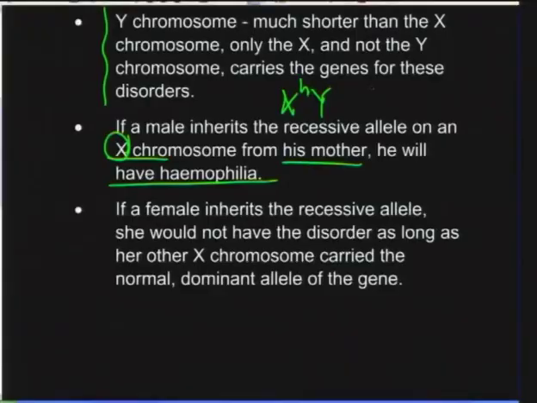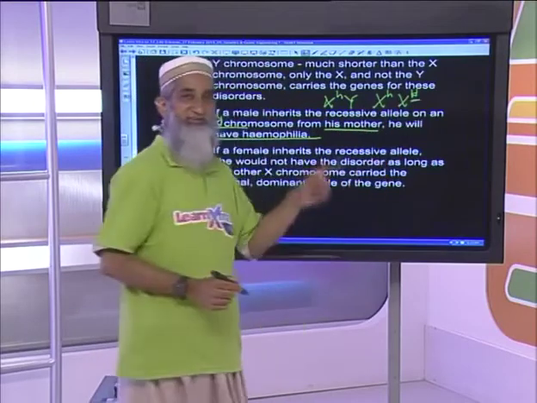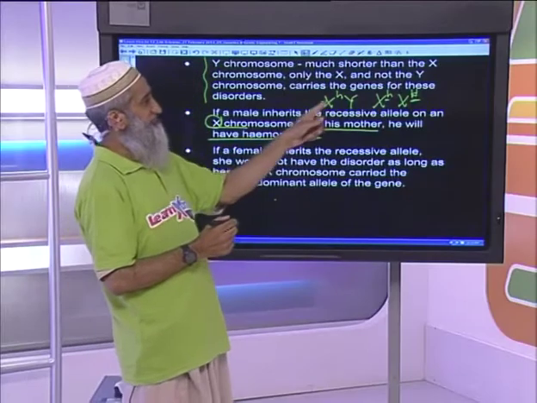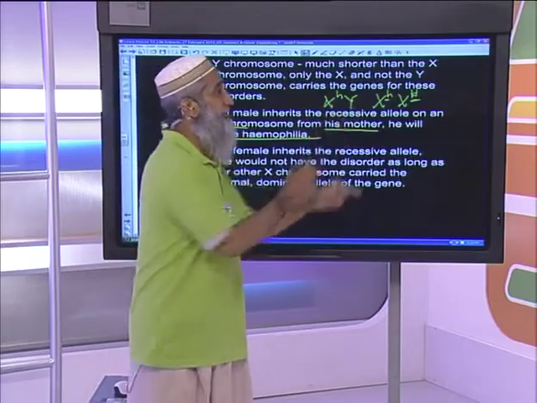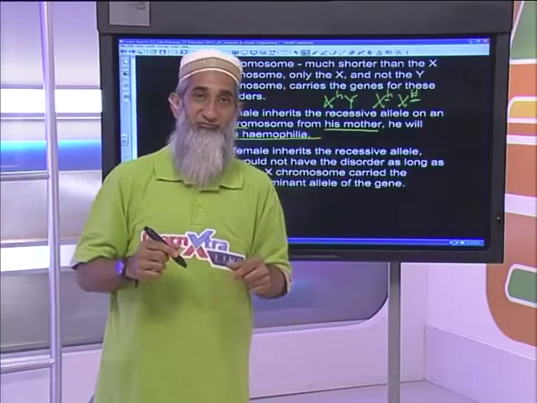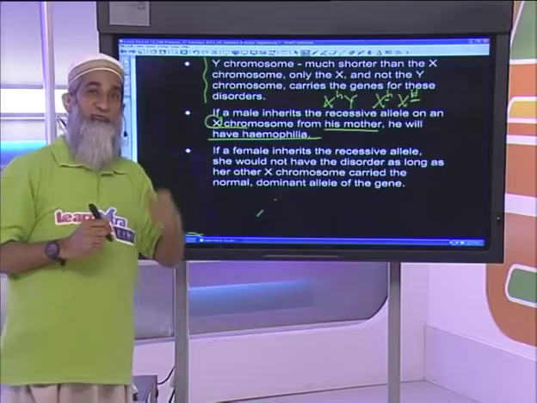Whereas a female, if she inherits one from the mother or the father, and the other one is the normal one, she has the normal, the cat is there, so the mice can't play. Remember, when the cat is away, the mice will play. Even though this is not homozygous, there is no cat here by the Y. Y can't carry the cat on its back, if you want to put it that way. So therefore, the boy gets hemophilia in that case.